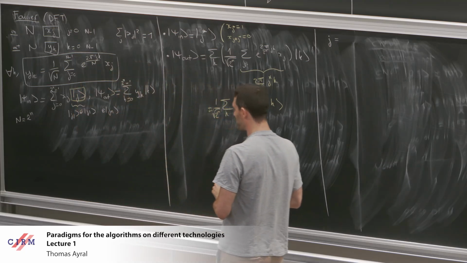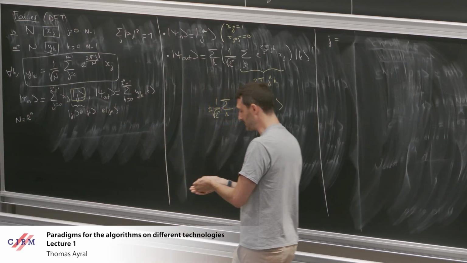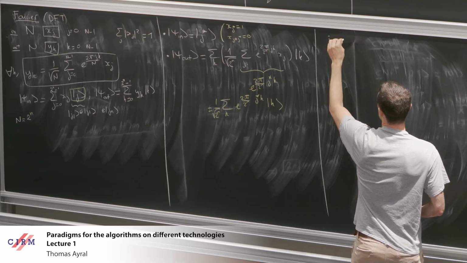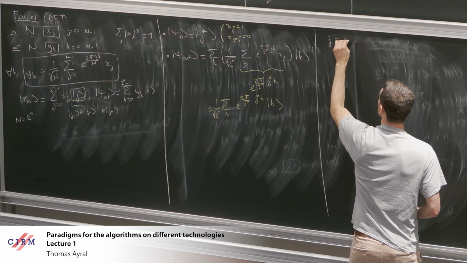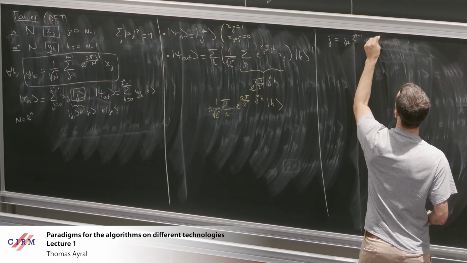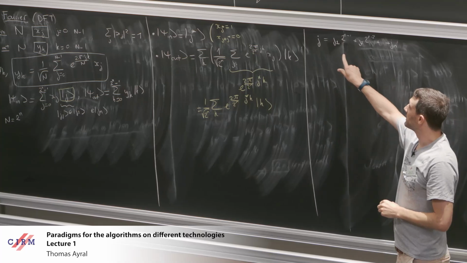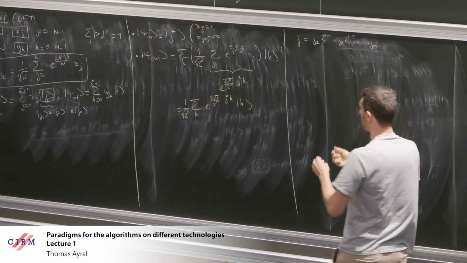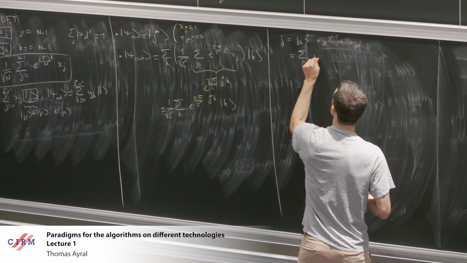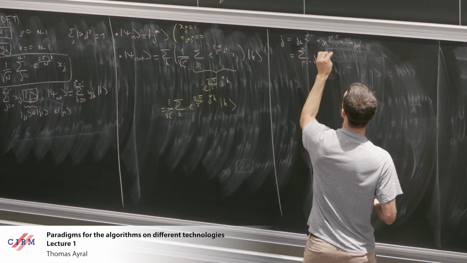And the trick I'm going to play, which is a bit subtle, is that I'm going to use a different binary decomposition for j and for k, for reasons that you will see later. So j I'm going to decompose as j1 2 to the n minus 1 plus j2 2 to the n minus 2 plus jn. In other words, I'm going to choose the first bit to be the most significant one. Which I can also write as the sum over p from 1 to n of jp 2 to the n minus p.